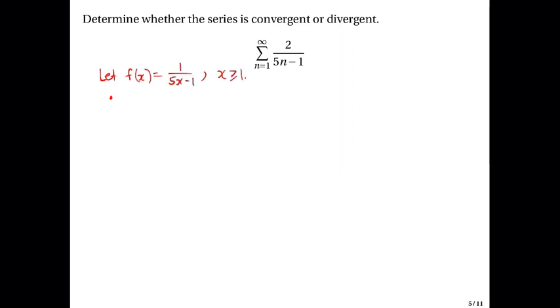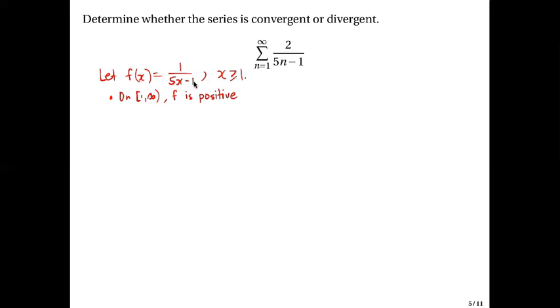So you can check everything on the interval 1 to plus infinity. Okay, f is positive. You have to check this. You just substitute f of x, 1 over 5x minus 1.